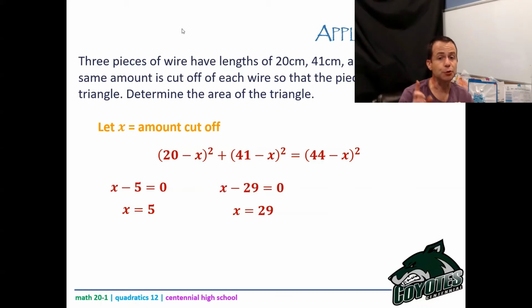But do both values work in the context of the question? And the answer is no, because one of my lengths is 20, and this x represents what I'm taking away. So if one of my lengths is 20, I can't possibly take away 29, right? That would leave me with a negative length. So the 29 actually doesn't work in the context of this question.